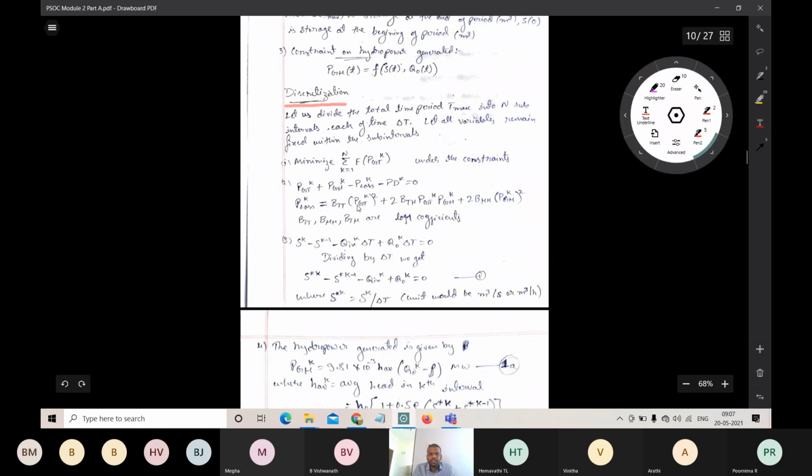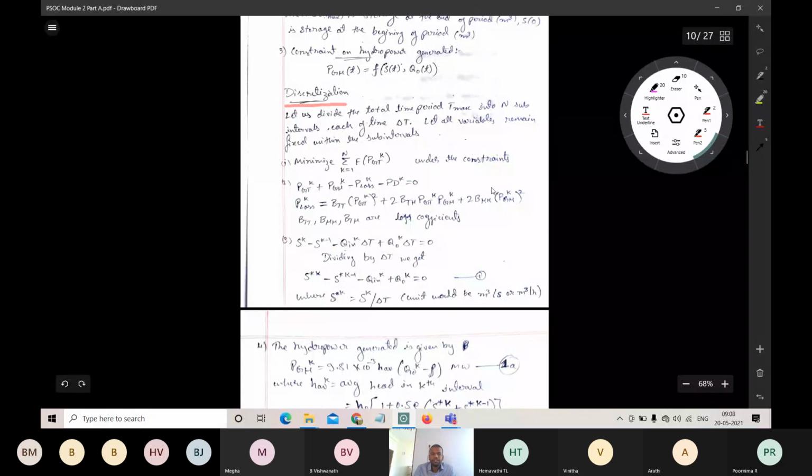These loss terms are BTT of PGT square plus 2 BTH PGT PGH plus BHH PGH square. BTT is from thermal, the loss occurred at the thermal stations, and BHH is the loss at hydel generation.